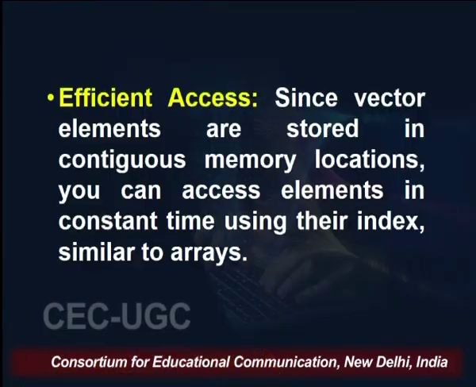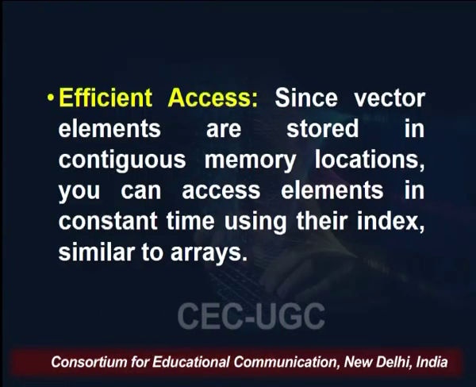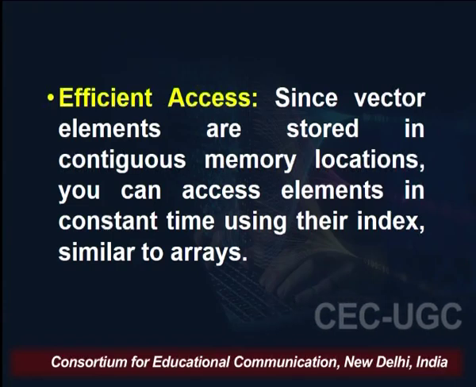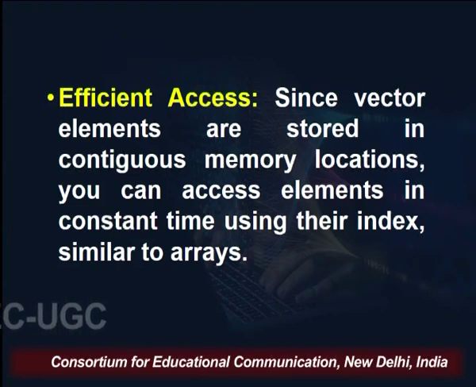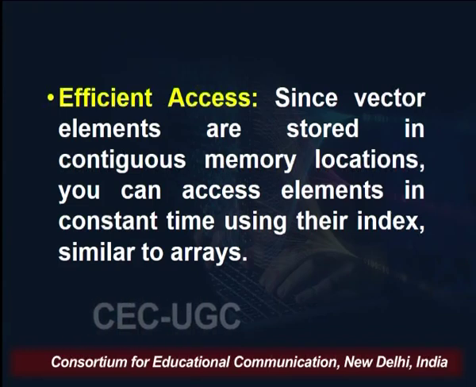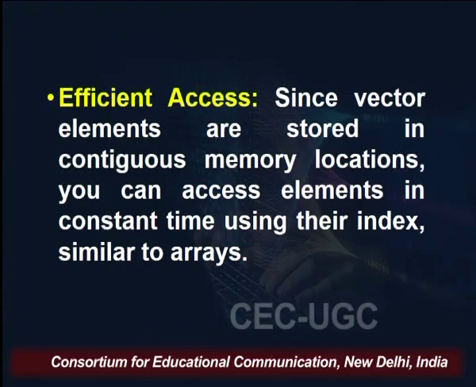Since vector elements are stored in contiguous memory locations as in arrays, we can access elements in constant time using their index, which is a property similar to arrays. So the facility of using the index to access elements efficiently, which is available in traditional arrays, is also available here in vectors.